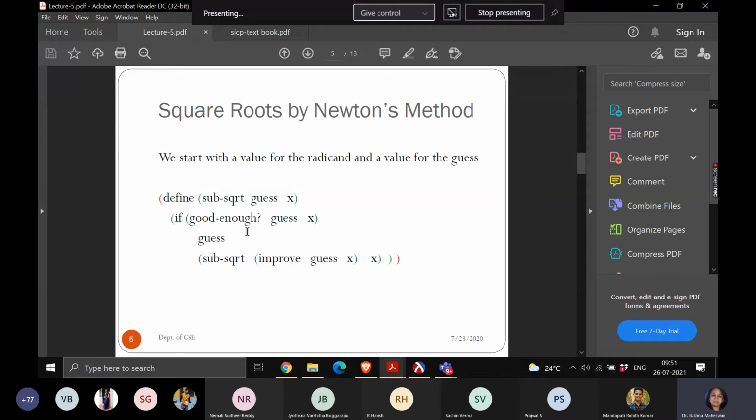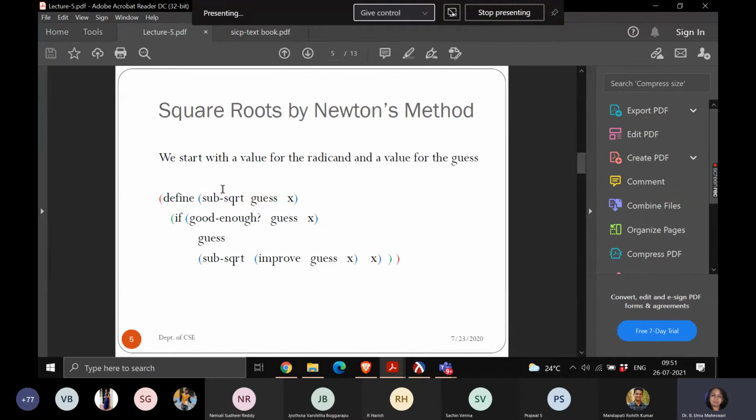So now we will write a procedure using Newton's method. Define sqrt-iter is my procedure name, and for this we are going to pass two arguments. One is a guess, that is y, and another is x, that is the radicand. Now, inside, if good-enough? guess x, if the guess is good enough, then return the guess.